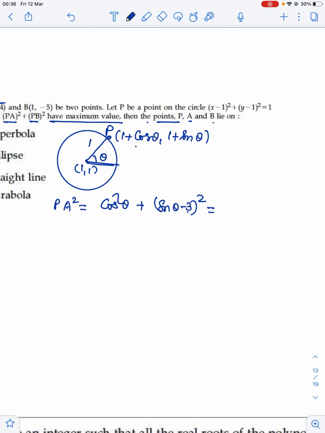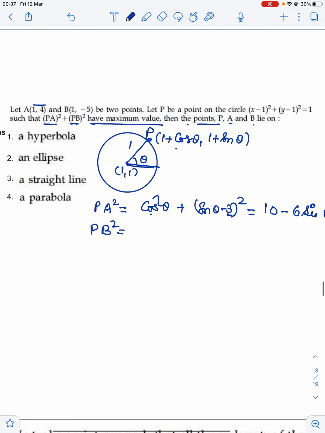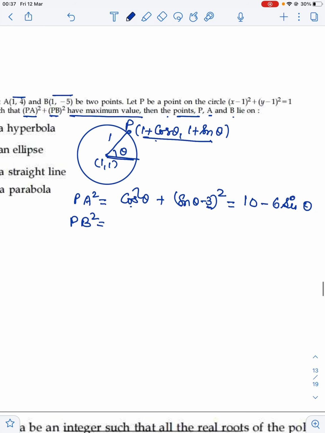So this turns out to be 9, and plus sine square plus cos square becomes 1, becomes 10, minus 6 sine theta. Similarly PB square is this term and the difference, the distance from B. So this is cos square theta plus (1 plus sine theta plus 5), so (sine theta plus 6) whole square.